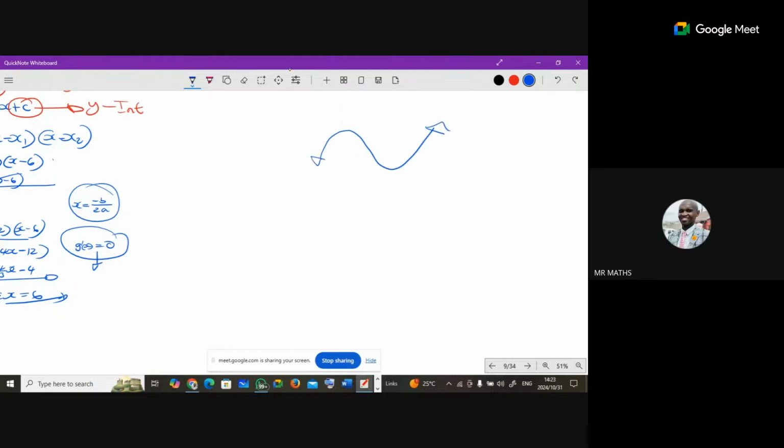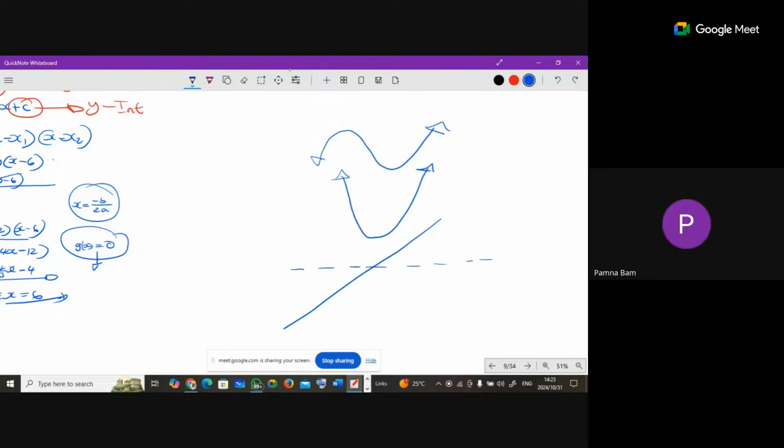If a cubic function is increasing, it will give birth to a parabola that is increasing. Then the increasing parabola will give birth to an increasing straight line, right?